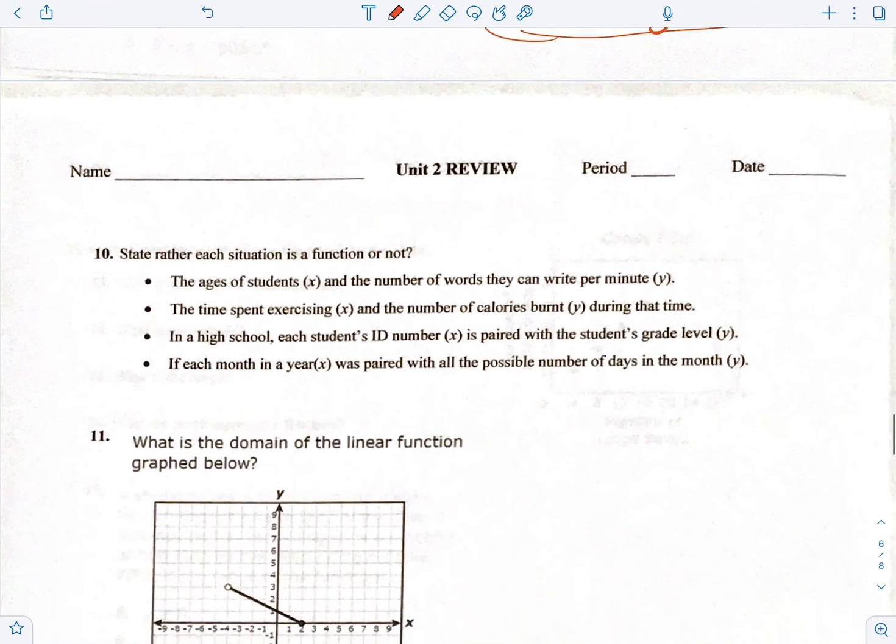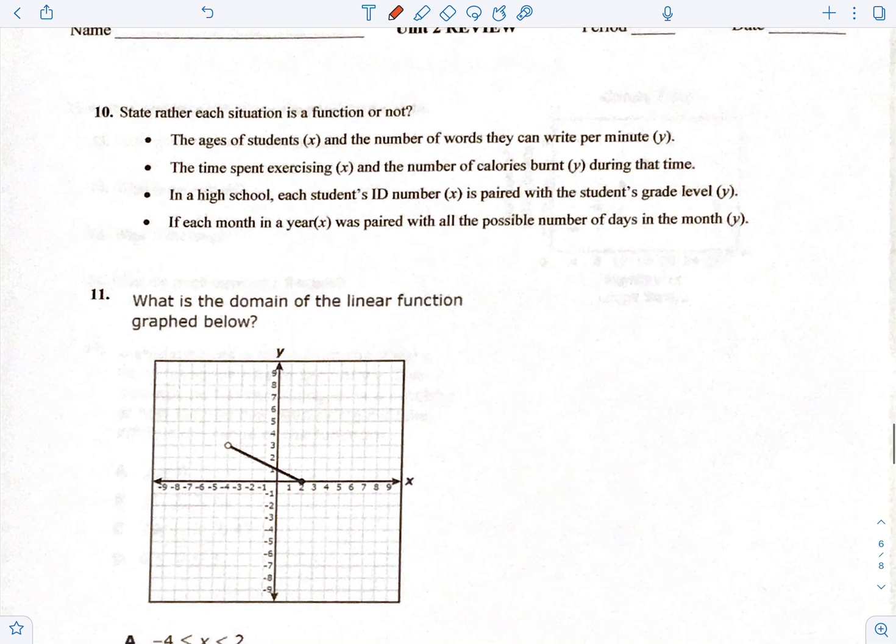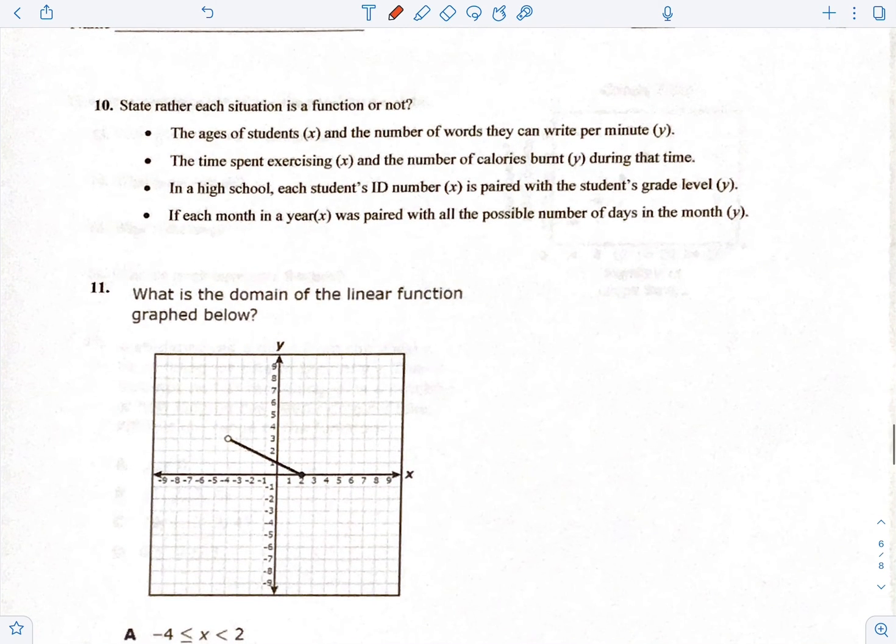Number 10, state whether each situation is a function or not. The age of students and the number of words they can write per minute. The age of students is going to repeat, so this is not a function.